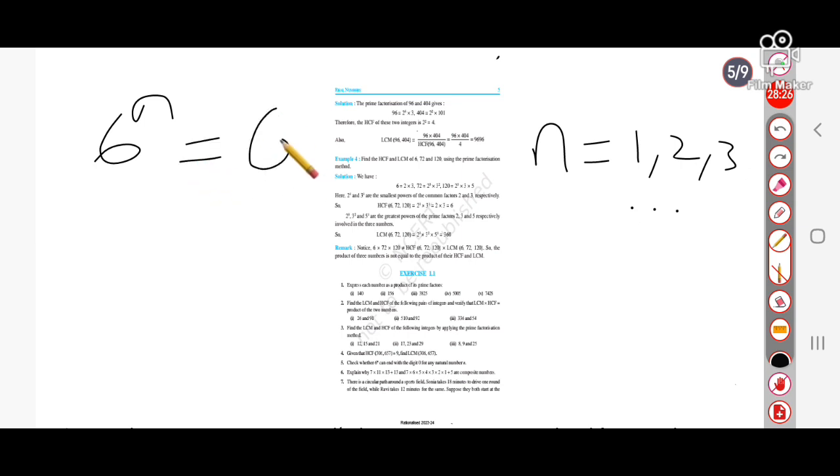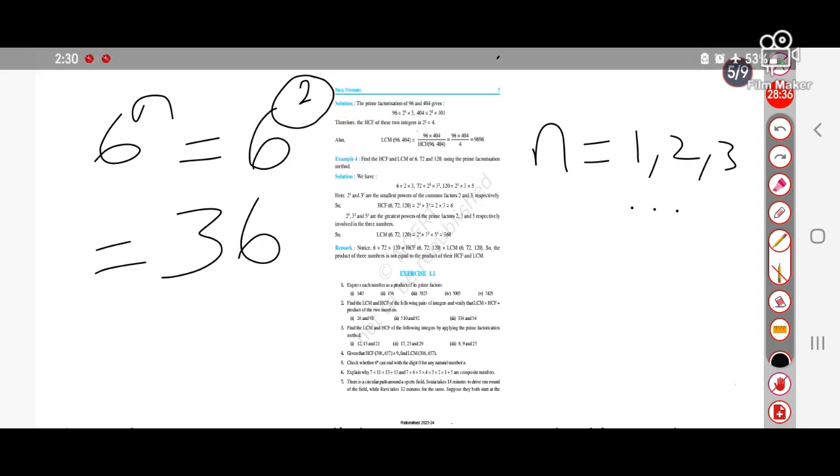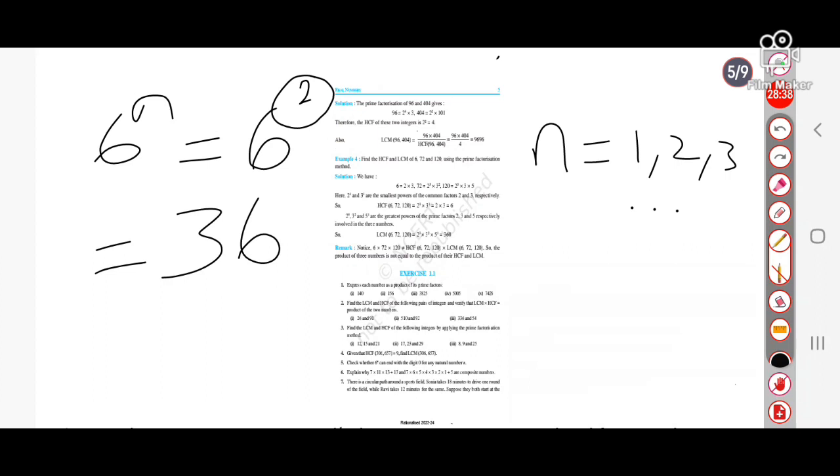For example, 6 power 2, we get 36. For any number which we substitute over here, we need to get the result ending with 0, like the result number should be xxx0.